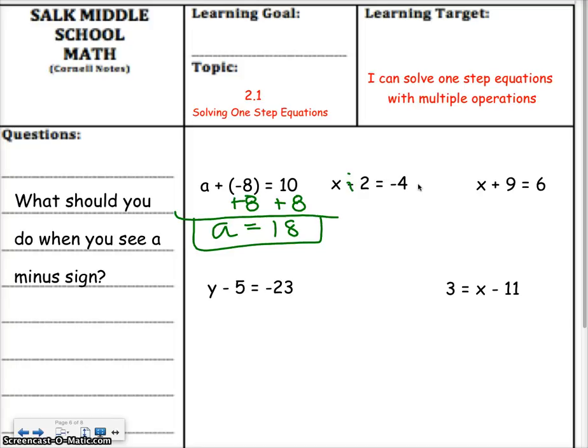Turn this to plus a negative. The inverse of negative 2 is positive 2. X equals, they are opposite signs, so I subtract them. 4 minus 2 is 2, and I have more negatives, so it should be x equals negative 2.